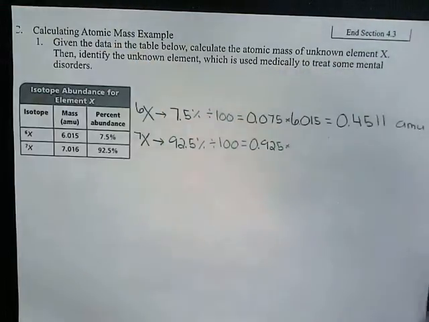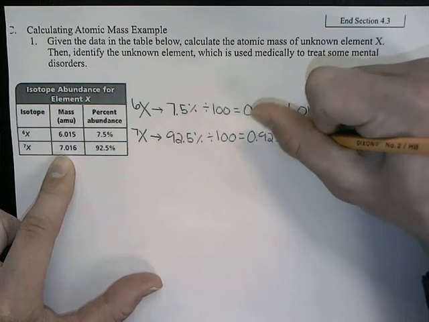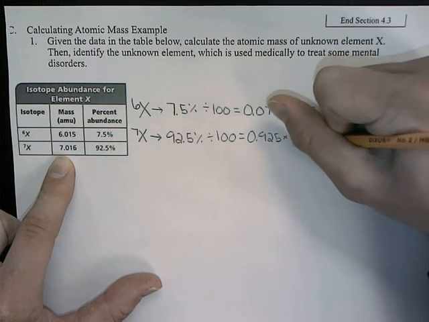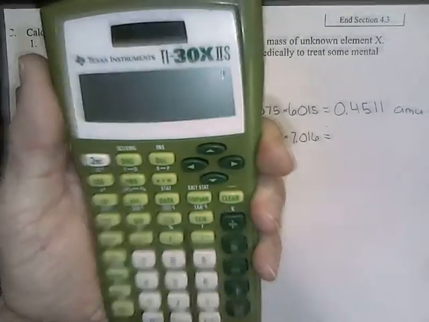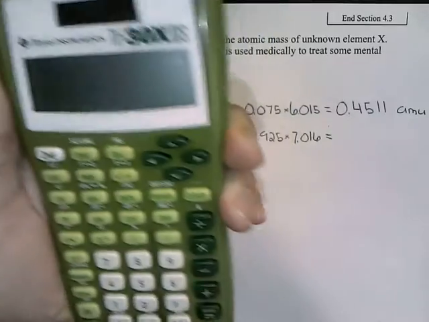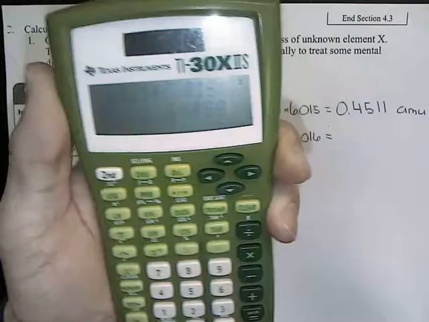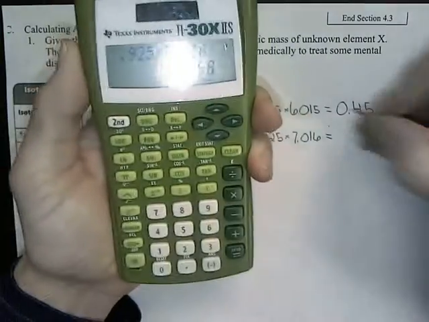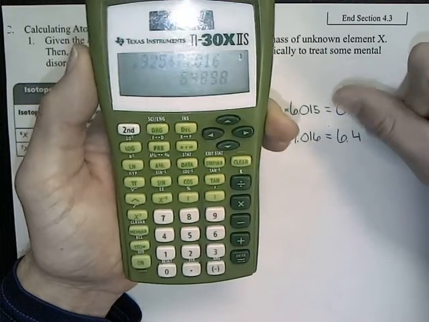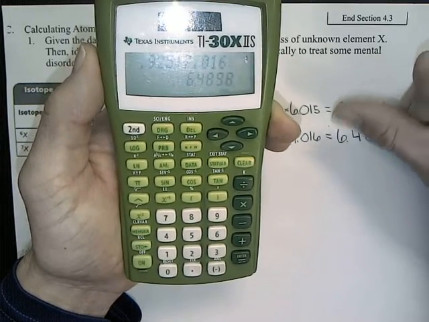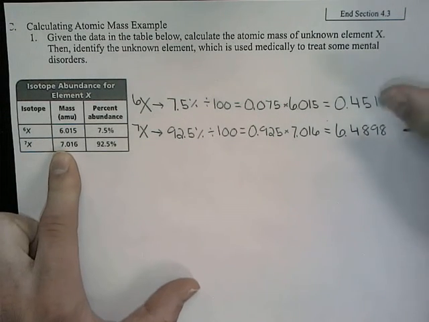We multiply it by the exact atomic mass, which in this case, for this particular isotope, is 7.016. Let me plug it in my calculator: 0.925 times 7.016. This is equal, again, 4 decimals, to 6.4898. And again, the unit is that atomic mass unit that we just went over.